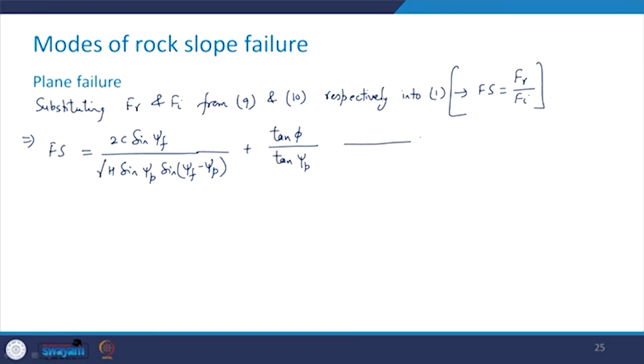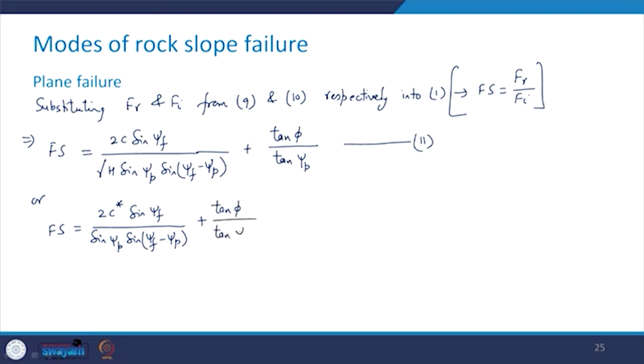This equation will be equation number 11. Or I can write down this factor of safety in this manner, that is 2c star sine psi f upon sine psi p sine psi f minus psi p plus tan of phi divided by tan of psi p.